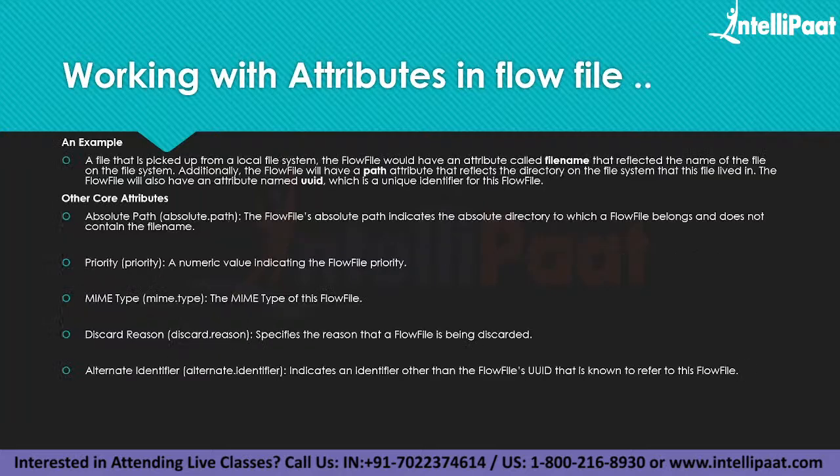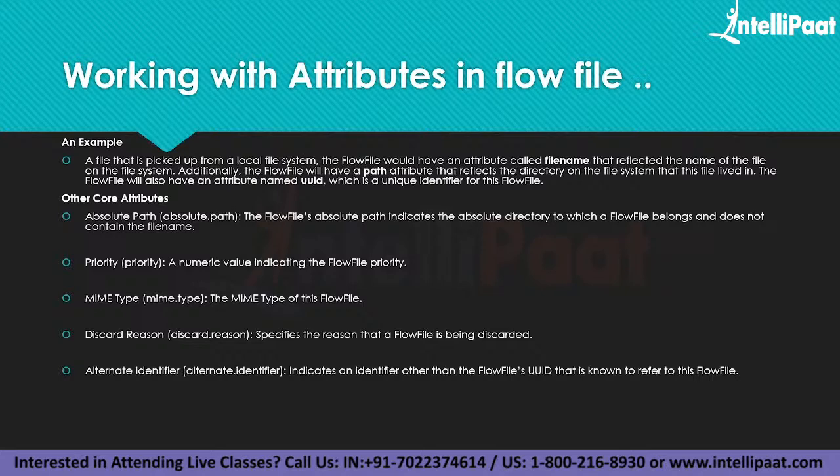Let's discuss some of those attributes first. What are those attributes? Take a file that is picked up from a local file system. For example, the flow file would have an attribute called filename that reflects the name of the file on the file system, as we were just discussing. Additionally, there are other attributes with this flow file, like a path, which is the relative path of the file.